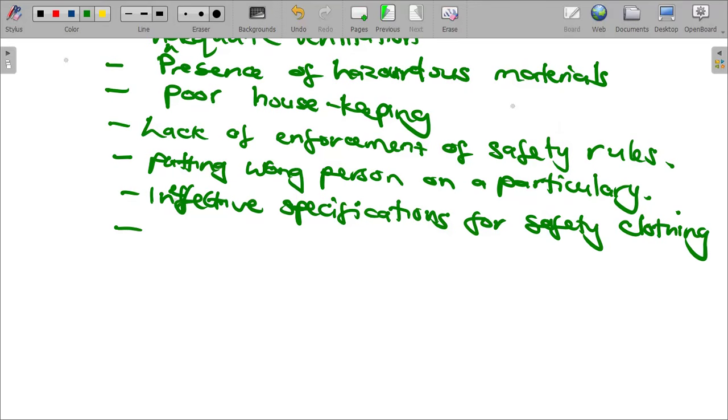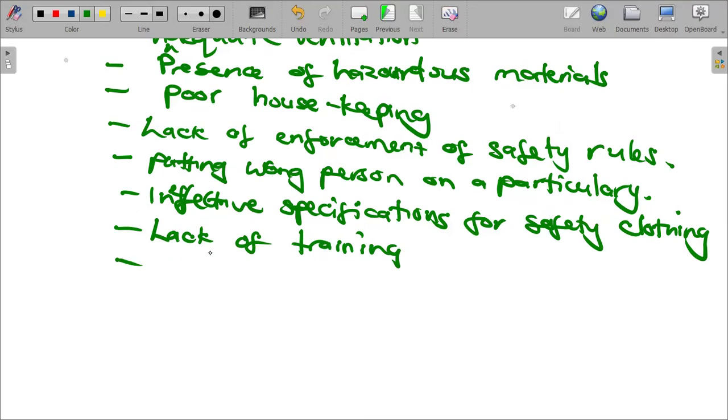Right. And also it might be lack of training on health and safety. Lack of the training.